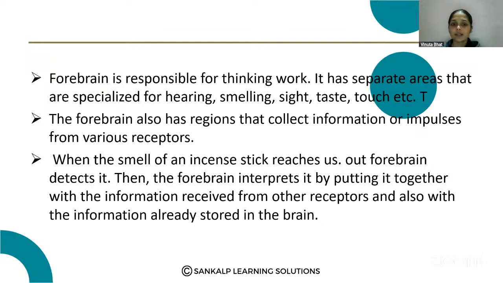When the smell of the incense stick reaches us, the forebrain detects it and interprets it by putting it together with the information received from the receptors and also with the information already stored in the brain. So mainly the forebrain is involved in this process. The receptor present in the nose receives and transmits the impulses to the forebrain, and the forebrain sends the response or impulses to the parts whenever needed.